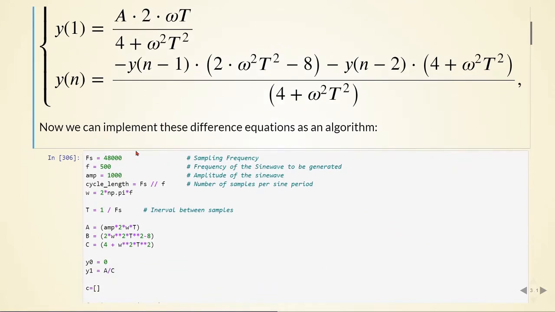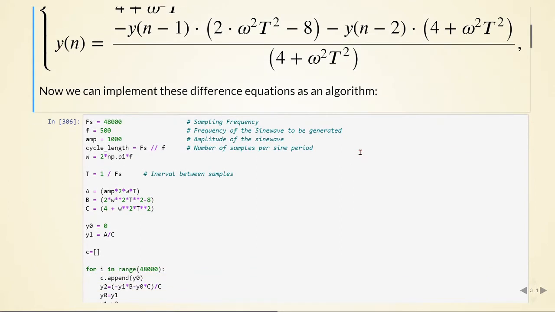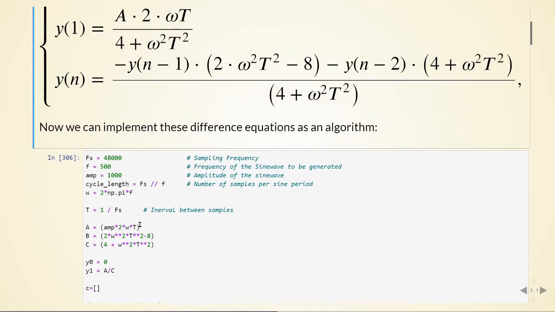So now I want to use these equations to generate a sine wave. The sampling frequency will be fs. We will generate 500 hertz with amplitude equal to 1000. Here, as we mentioned, this T is 1 divided by the sampling frequency. Now I'm defining this coefficient a, which is 2 times the amplitude times omega T. B appears here, so b is 2 times omega squared T squared minus 8.